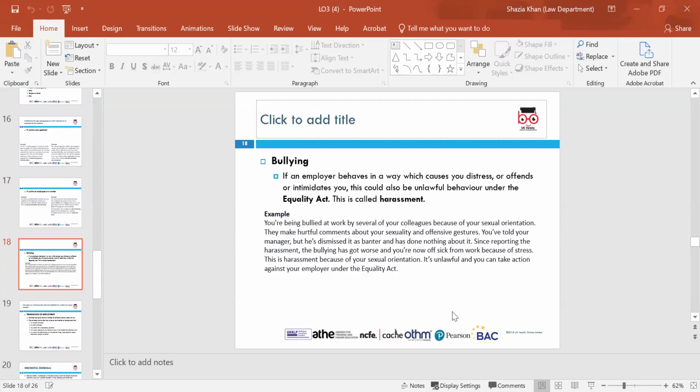You've told your manager, but he's dismissed it as banter and has done nothing about it. Since reporting the harassment, the bullying has got worse and you're now off sick from work because of the stress. This is harassment because of your sexual orientation and it's unlawful, and you can take action against the employer under the Equality Act.